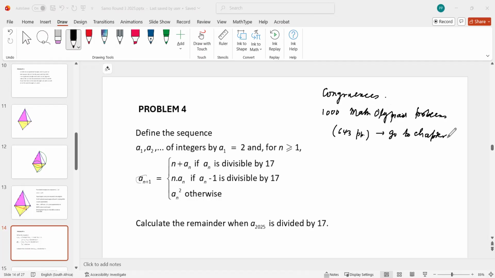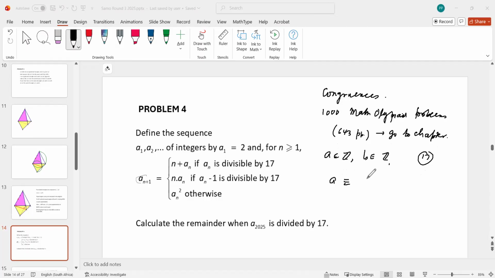We don't have time to talk about that here, but basically what it means is that you got two integers. If you got any two integers, and you fix an integer, say like 17 in this case, right? Then you say that those two integers are congruent.